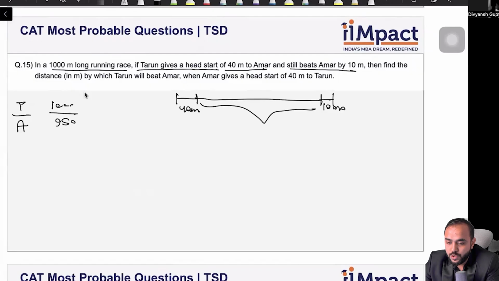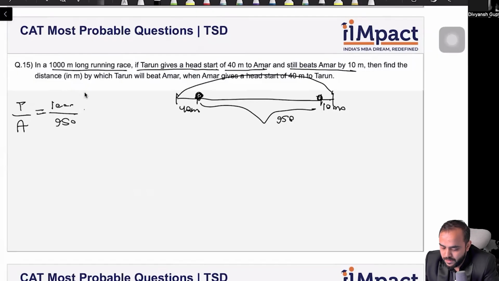So this distance is going to be 1000 minus 40 minus 10, which is 950. So Amar actually ran from this point to this point, in the duration when Tarun ran from starting to ending. So this is their distance ratio, which is also going to be their speed ratio, which is 20 by 19.